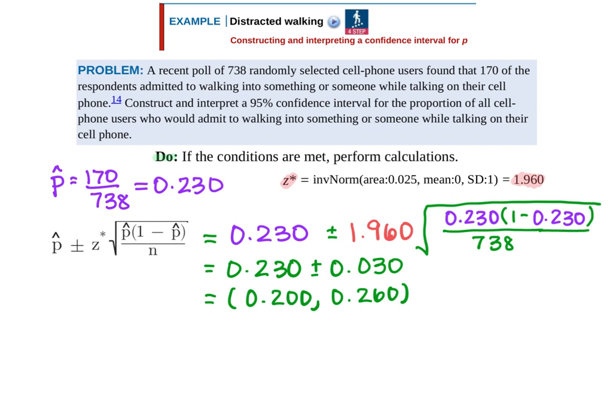And so we compile all that together and we get 0.230 plus or minus this 0.03 value. And so that gives us a range of 0.2 to 0.260. So about 20% to 26%. Pretty cool. I think I'm kind of ruining the 4th step, so better get to it.